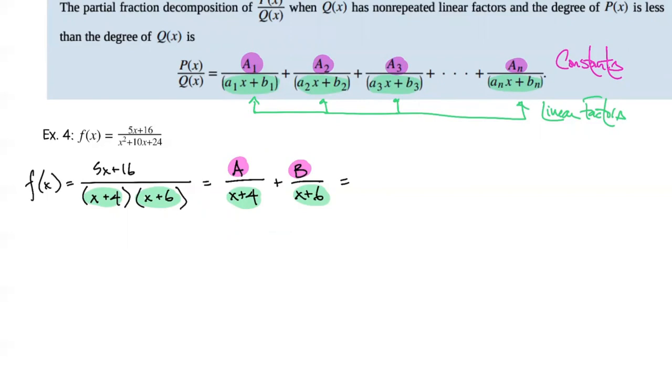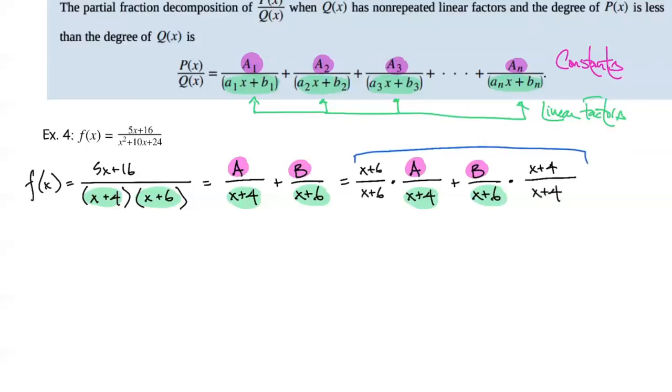Yeah, we need a lowest common denominator. What should we multiply the first fraction by? What should we multiply the second fraction by? We're going to do x plus 6 over x plus 6, and x plus 4 over x plus 4. So what we've done here is find the least common denominator.